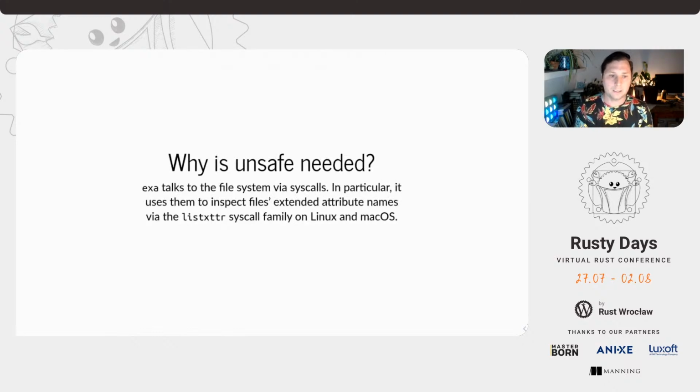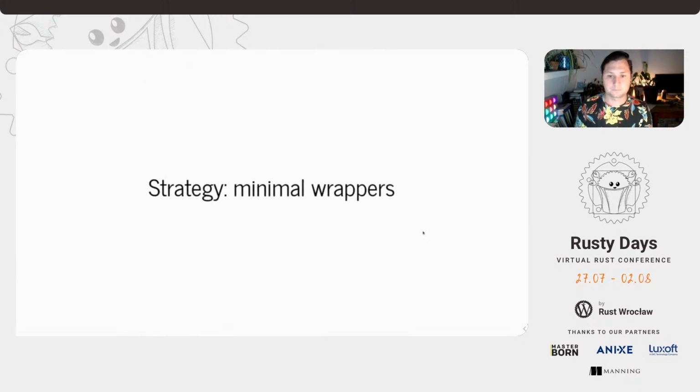Exa talks to a file system via system calls. It doesn't need many. It does not use much unsafe at all, but for extended attributes, it requires the list extra attribute syscall family on Linux and Mac OS.